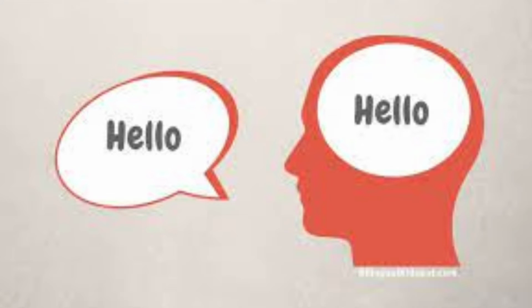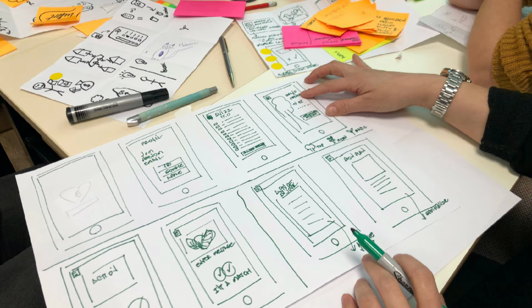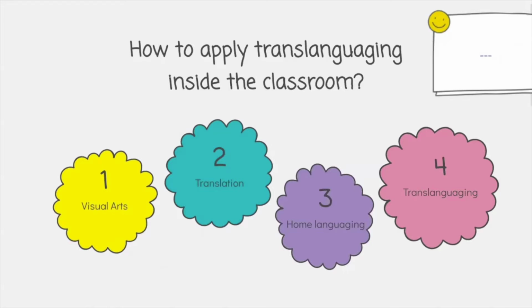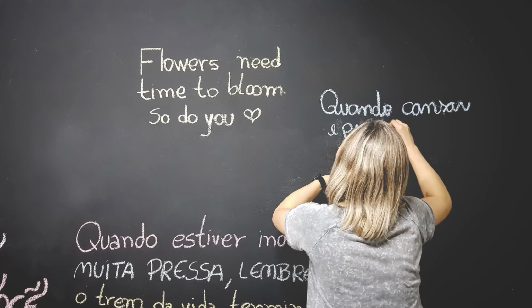One way to do this is by asking the students to compare a language concept in English, or lingua franca, to their native tongue, or by providing a translation of important terms in the pupil's home language. Here are some additional simple yet effective examples of activities and techniques that facilitate a translanguaging approach to teaching and learning in the classroom. Number 1.